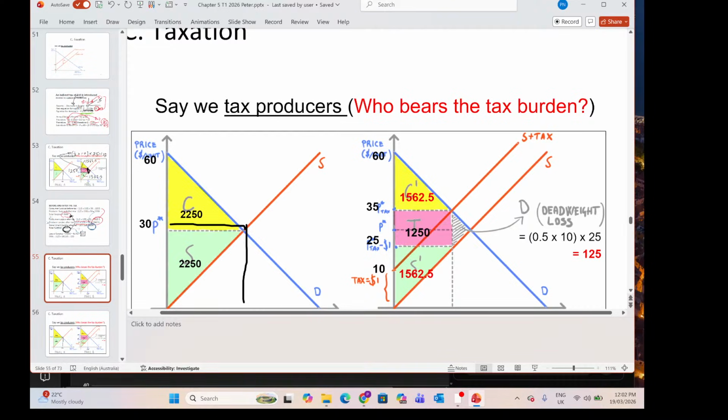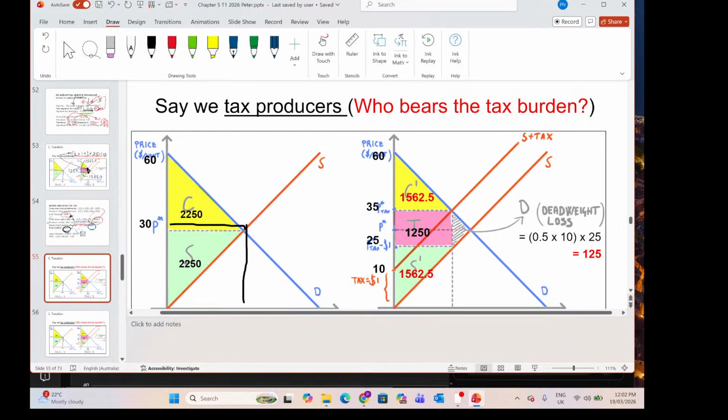So how can we get to our dead weight loss? We can get to our dead weight loss two ways.